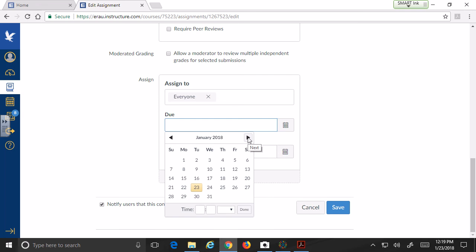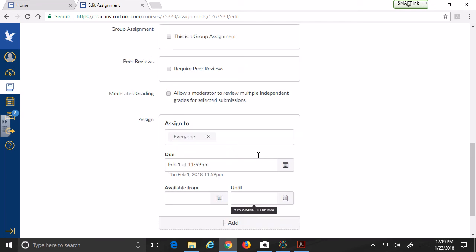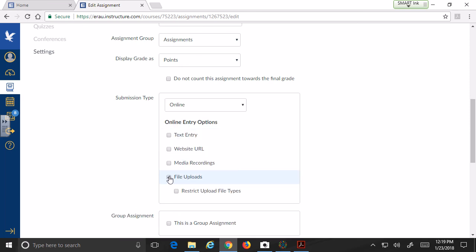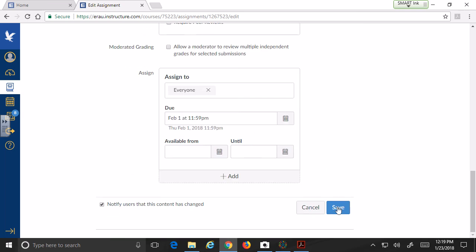Already February. So the first Thursday, a week from today. The time will be anytime you want. I don't care that much. Okay, guys, you can do it on any type of paper you want, but let's just do it online. File uploads. And what is the only thing you can upload? One file, okay? One PDF file.